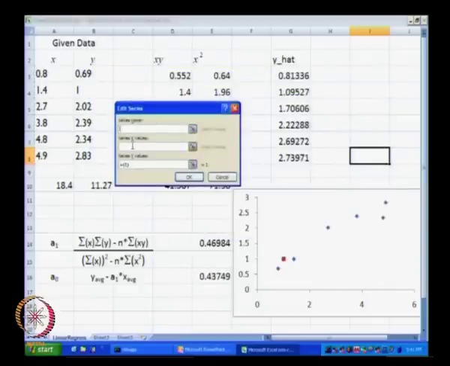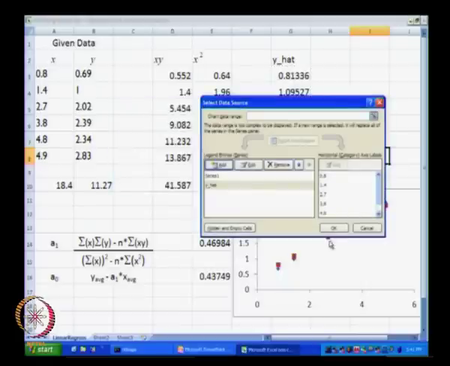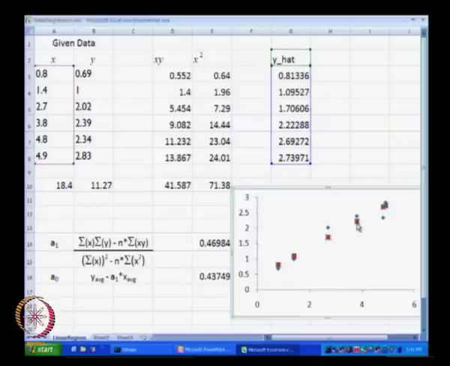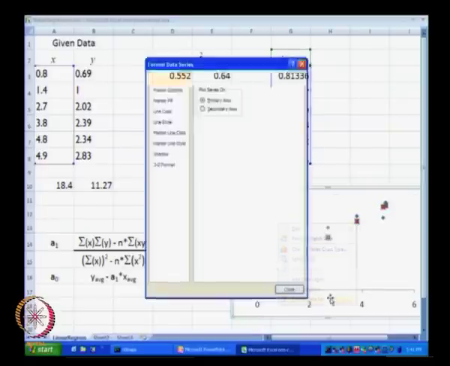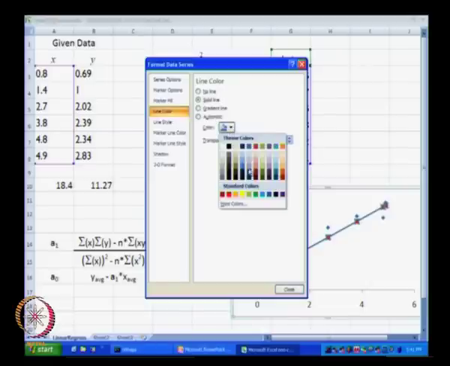The series name is going to be y hat. Series x values are going to be these values, and series y values are going to be our y hat values. And that is going to give us this red data, and we will basically do format data series and add a line over here, solid line with red color.